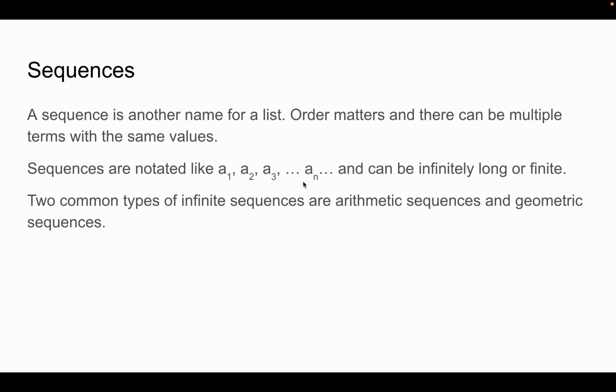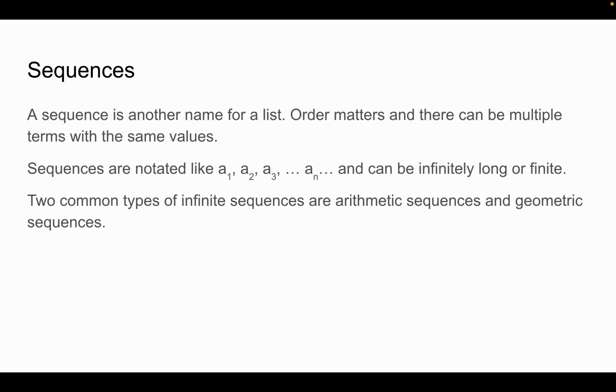And that just means that n has to be a positive integer. Also, usually it starts with a1 instead of a0, which makes things kind of confusing, especially if you're implementing sequences in programming.